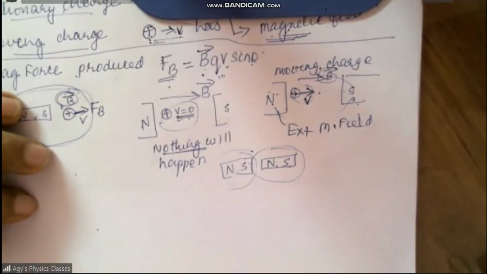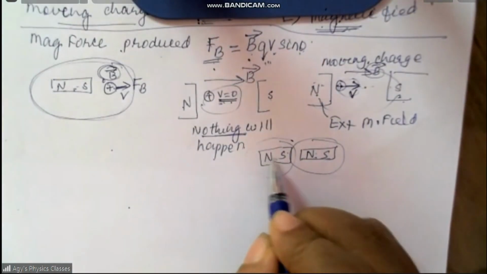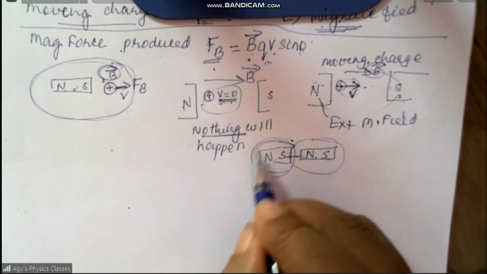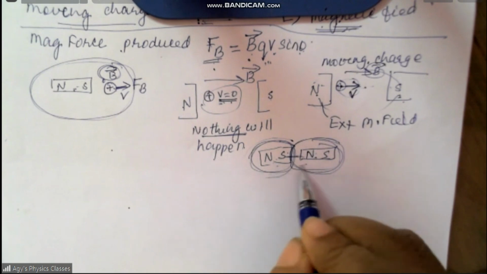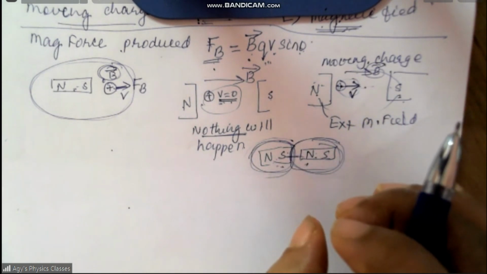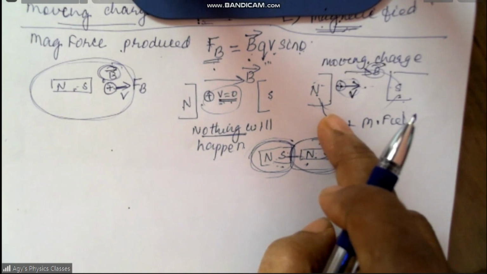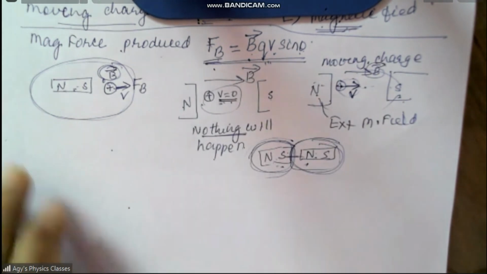Why? Because there is one magnetic field here, another magnetic field here. When two magnetic field lines interact, there is a force.